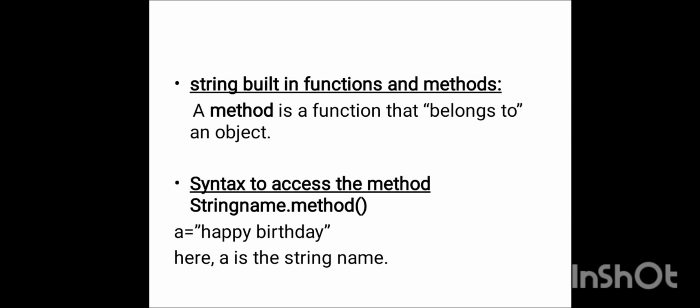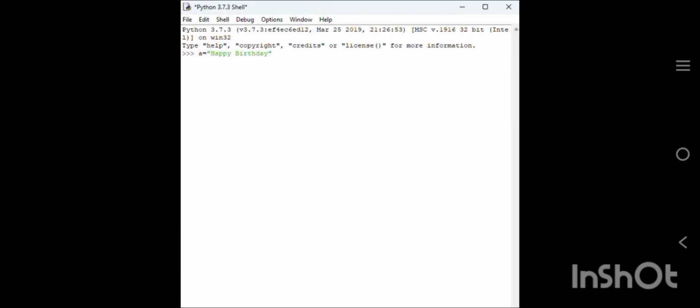For example, A equal to happy birthday. Here A is the string name. Next we are going to see the methods of the strings.